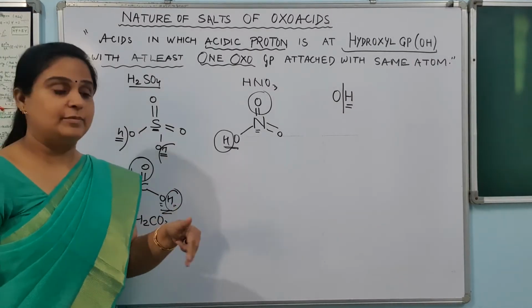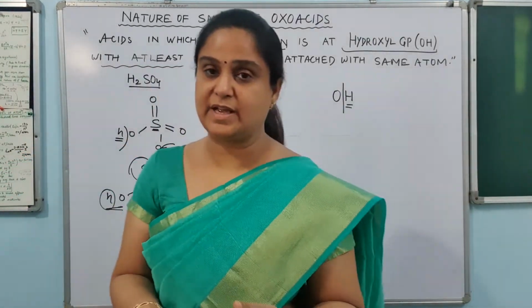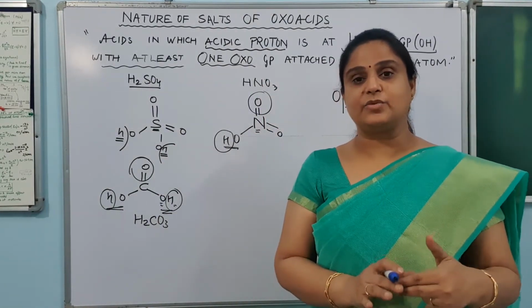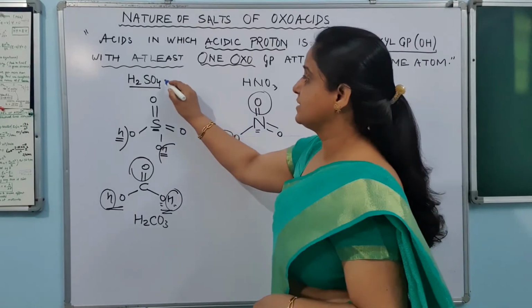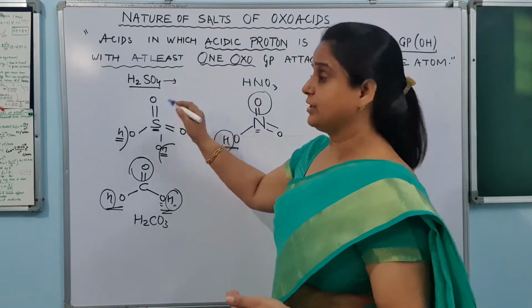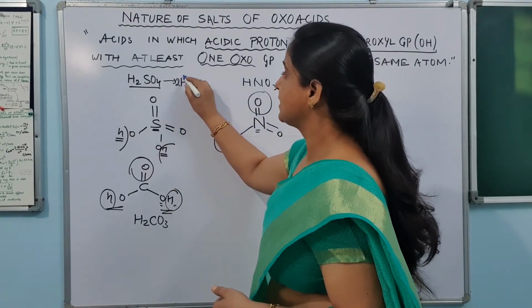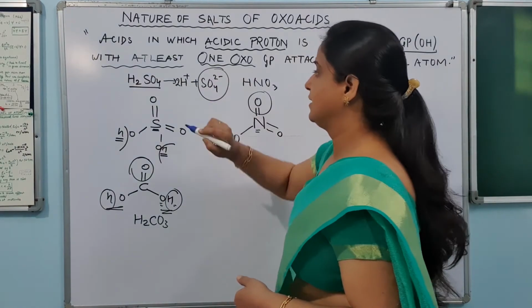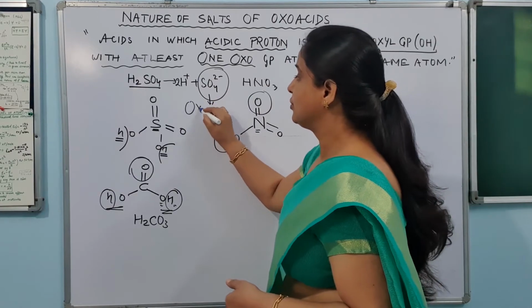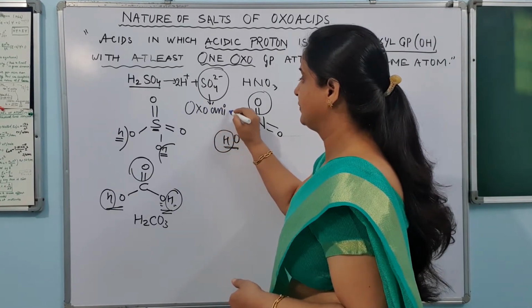When it releases the H plus ion, whatever is left is known as the oxo anion. You know that when sulfuric acid is broken down, it gives 2H plus ions and one sulfate ion. So this sulfate ion is an oxo anion.